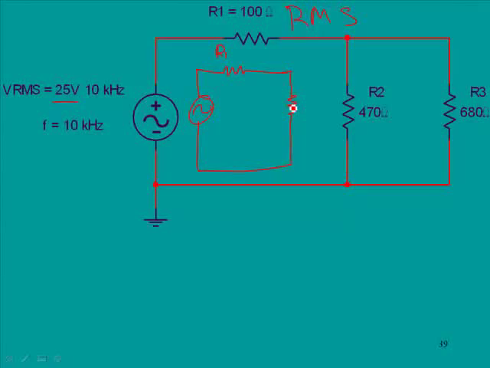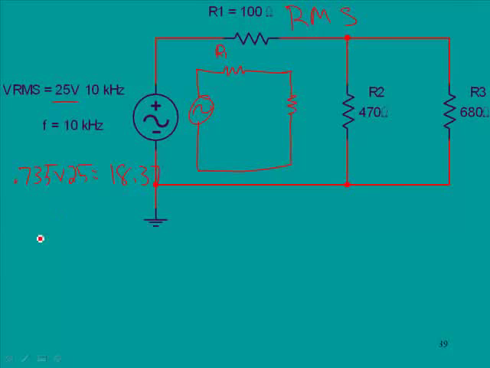We already did the voltage divider, so let's just take our value, 0.735 times 25. And that is going to yield 18.37 volts, and that would be our voltage across R2.